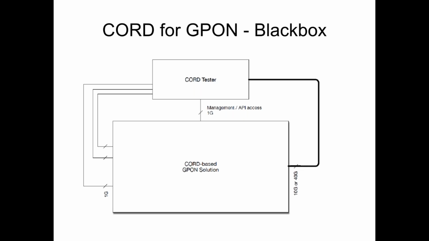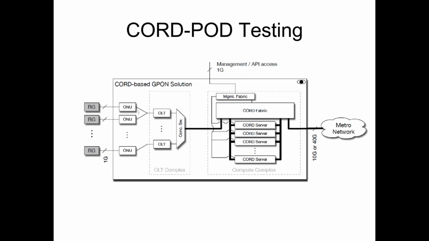Okay, so proceeding forward, this is an expanded diagram of a physical pod. Again, the specifics of each unit might be different. It might not be a very generic solution, and in some configurations the units or components might change. But if you look inside here, if you forget about the ONU, OLT, and the switch on the other side, then you have this management fabric, CORD fabric, and these servers here.